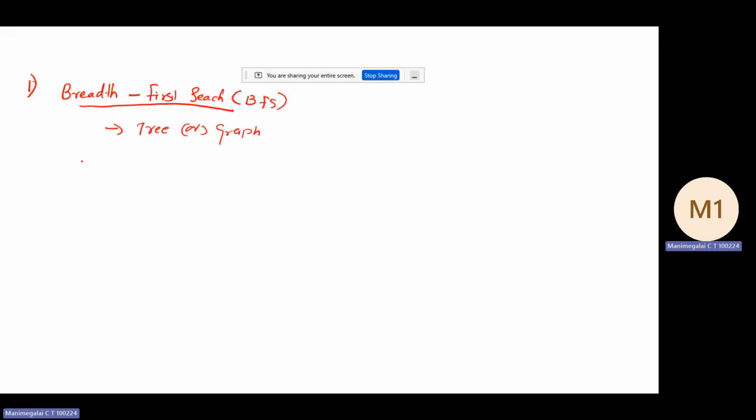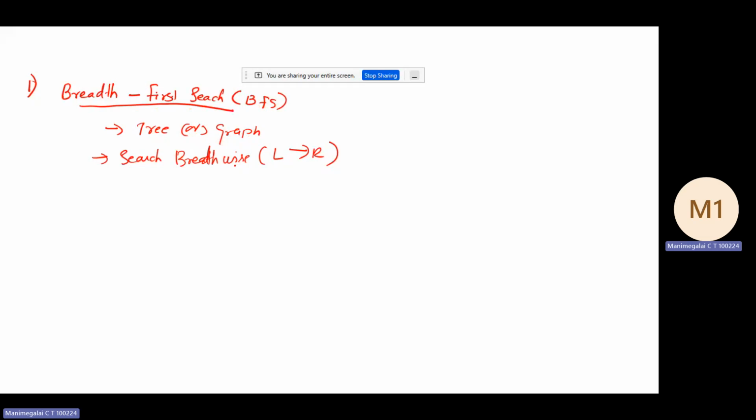Why is it called breadthwise? It searches breadthwise, that is left to right, in a tree or graph. Whatever it may be, tree or graph, it will search breadthwise, that is from left to right.